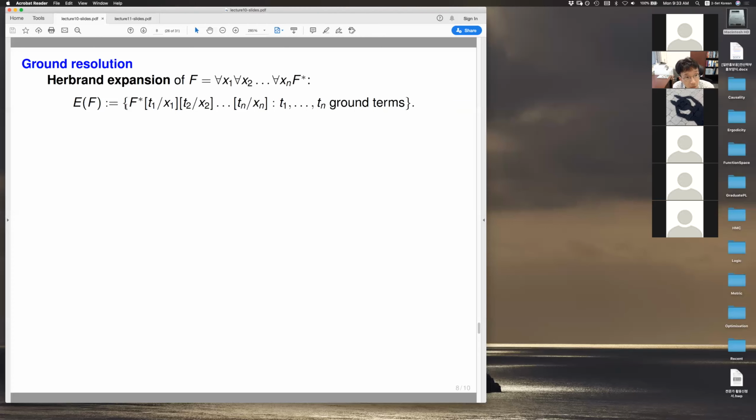We obtain this set by instantiating all those universal quantifications by ground terms. Replace x1 by ground term t1, x2 by t2, xn by tn, for every ground terms t1 up to tn, and that's going to give us this Herbrand expansion. Typically, because there are infinitely many ground terms, this Herbrand expansion is going to be an infinite set, but sometimes it can be a finite set if there are only finitely many ground terms.